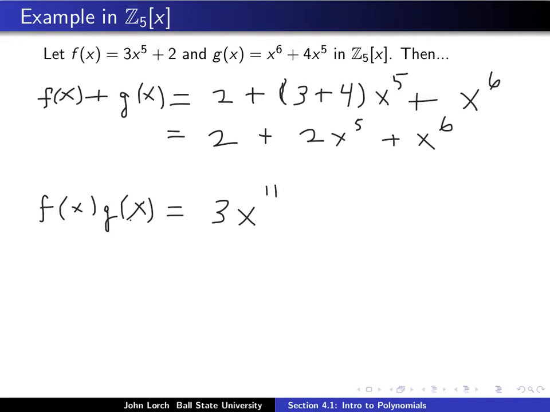Then I might take 3x to the 5th times 4x to the 5th, and that would give me 12x to the 10th. And then I take maybe 2 times x to the 6th, which gives me 2x to the 6th. And then I have 2 times 4x to the 5th, so that would be 8x to the 5th.